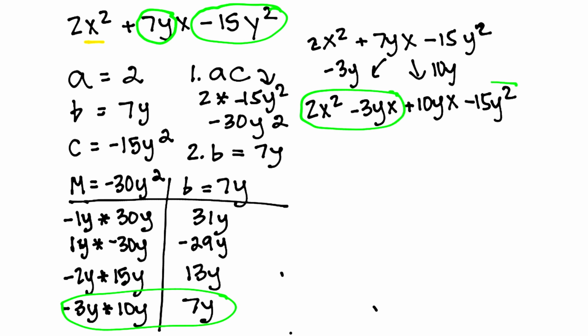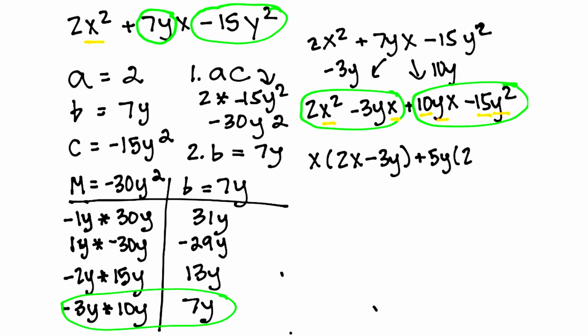And then we'll group our first two terms, and we'll group our last two terms. We'll see in the first two terms we can pull out an x as a common factor. So this would give us x times 2x minus 3y. And then in our second two terms, we can pull out a 5 and also a y.